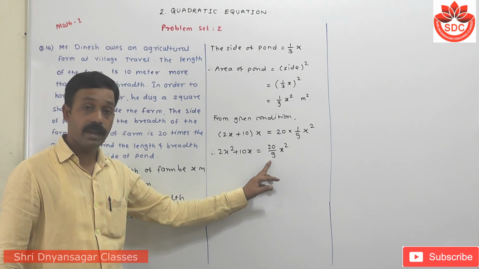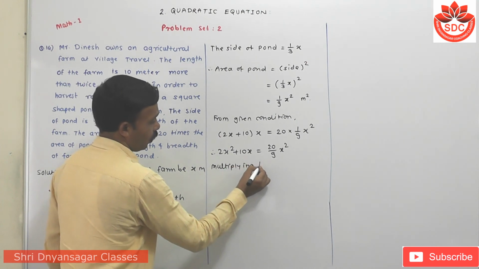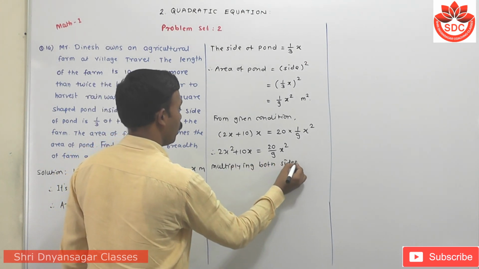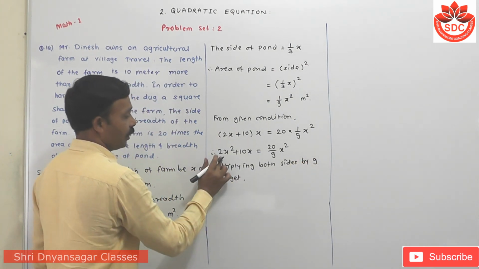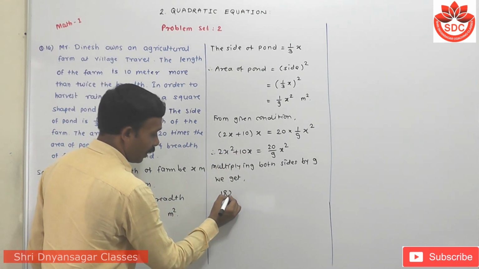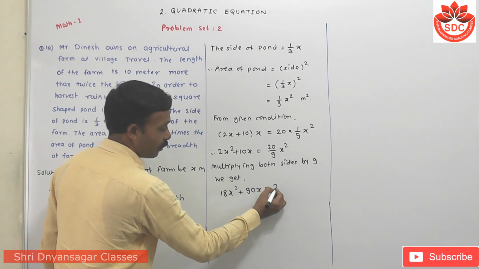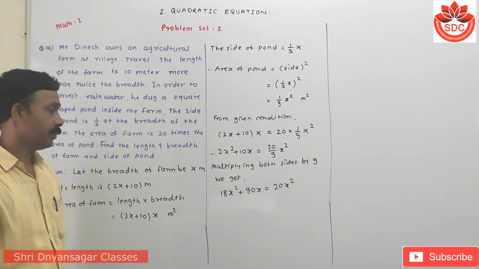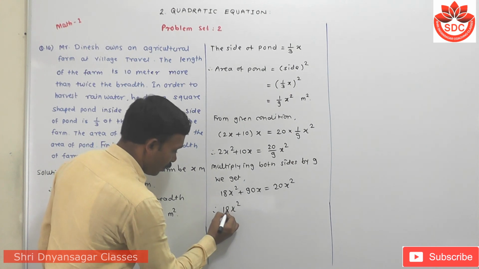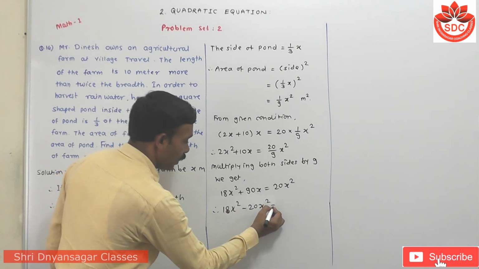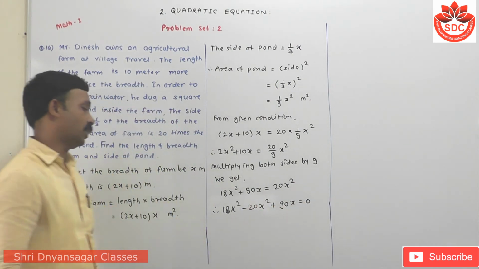Then multiplying both sides by 9, we get 9 2s are 18x square plus 10 9s are 90x is equal to 20x square, as the 9 gets cancelled. Then transposing this 20x square to this side, we get 18x square minus 20x square plus 90x is equal to 0.